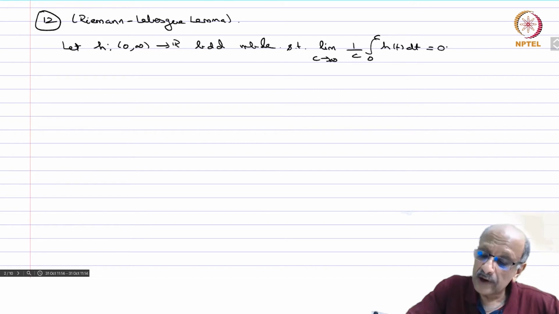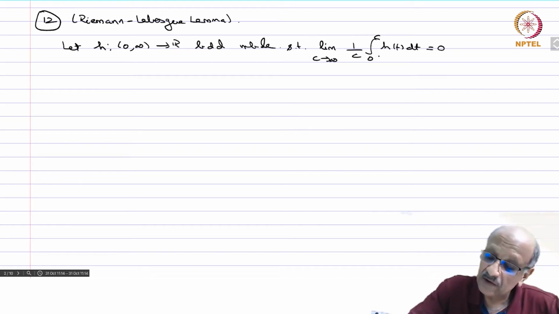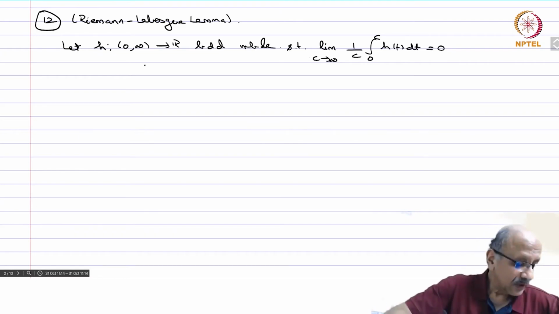So h is bounded, so on any finite interval it is integrable. You are taking the average, so you are taking the integral over c dividing by the length of the interval, so that is nothing but the average.